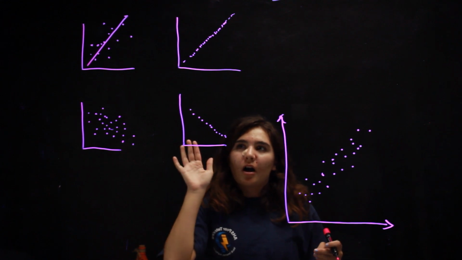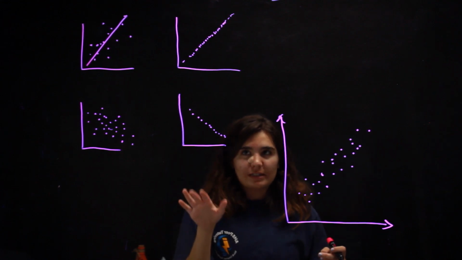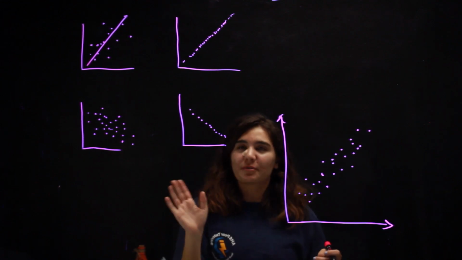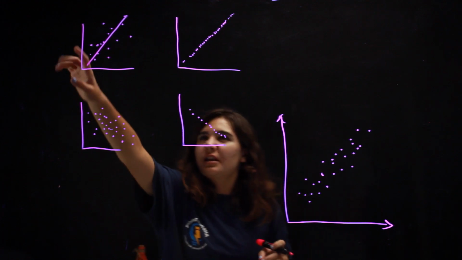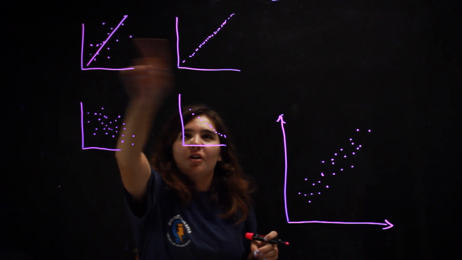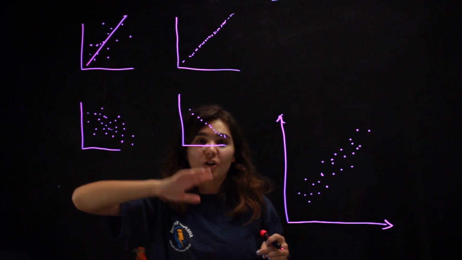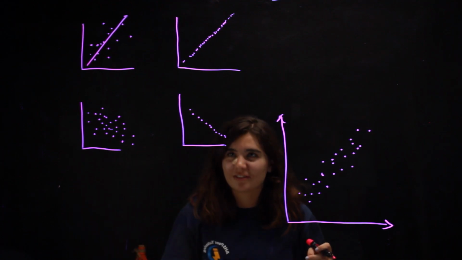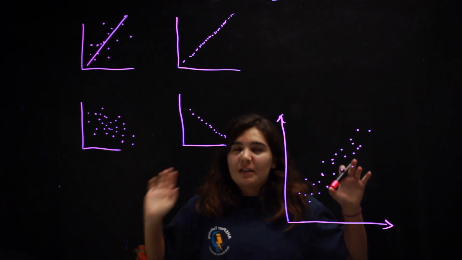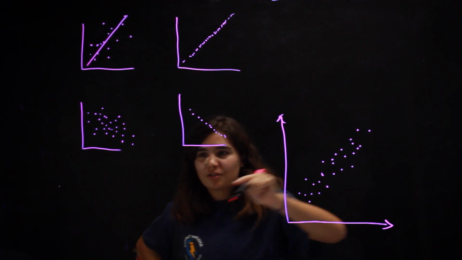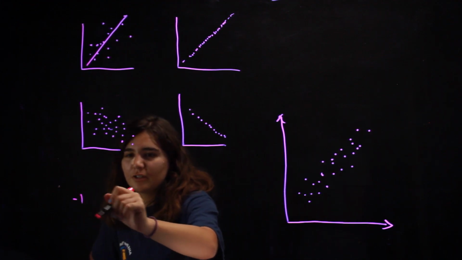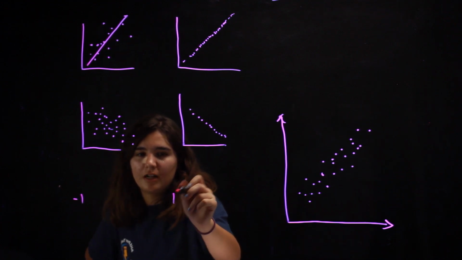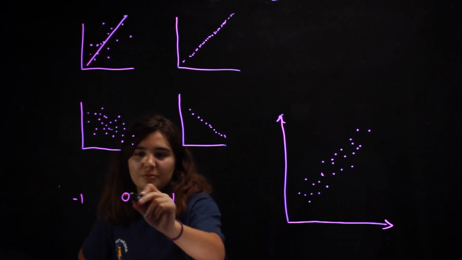So, a way that people represent how close all these points are is called correlation coefficients. Basically, they range from -1 to 1, and then there's a 0 in between, right?